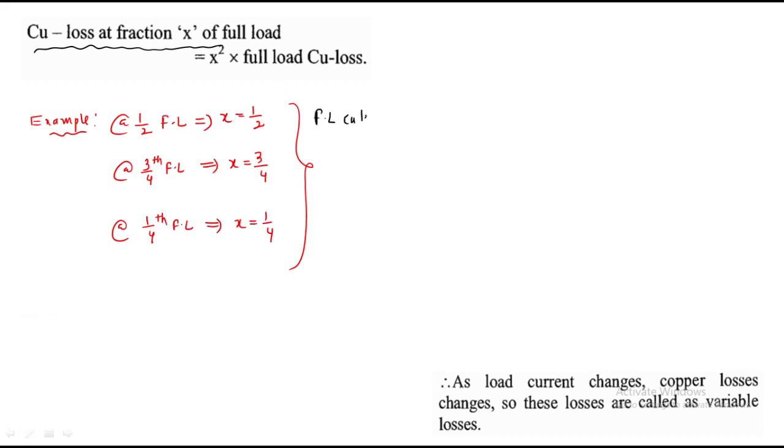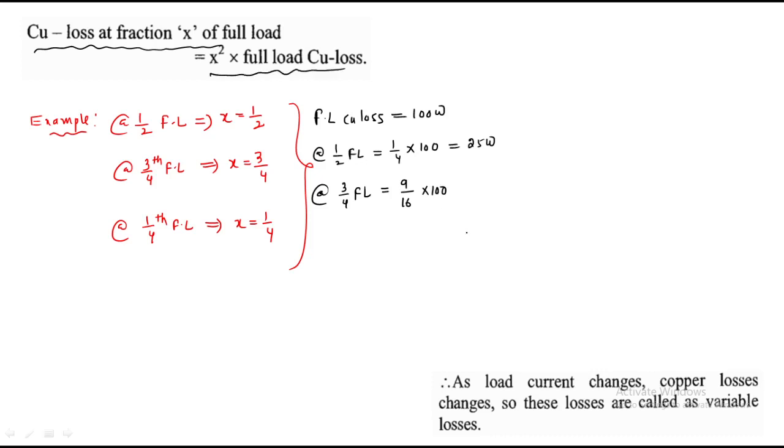Full load copper loss, let us take 100 watts. At half full load, it is 1 by 4 into 100, which is equal to 25 watts. Like that, at 3 by 4 of full load, it is 9 by 16 into 100, using the formula x square into full load copper loss, which is 9 into 25 by 4 watts.